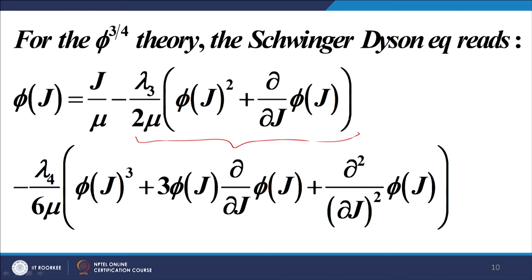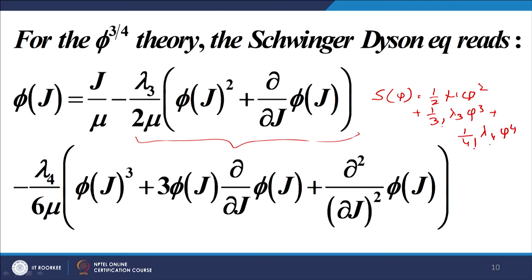But this is basically the 3/4 theory, where the action, let me write it down, S of phi is equal to 1 by 2 mu phi squared, plus 1 by 3 factorial lambda 3 phi cubed plus 1 by 4 factorial lambda 4 phi to the power 4.